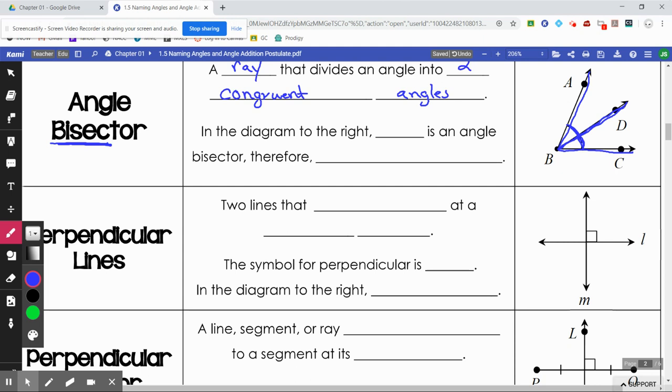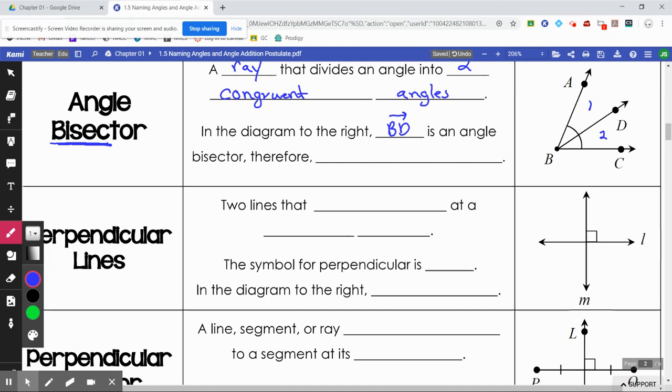In the diagram at the right, blank is an angle bisector. Well, that would be the ray in the middle there. Ray BD would be an angle bisector. BD slices it into two congruent parts. Since this cuts it into two equal parts, we know that this angle here and this angle here, those two angles have to be the same.